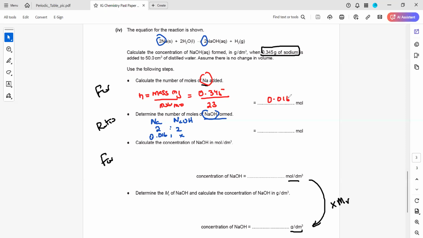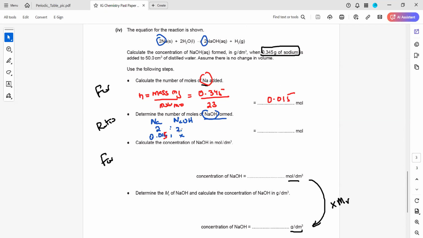Let's check the calculation: 0.345 divided by 23 is 0.015. Yes, 0.015.